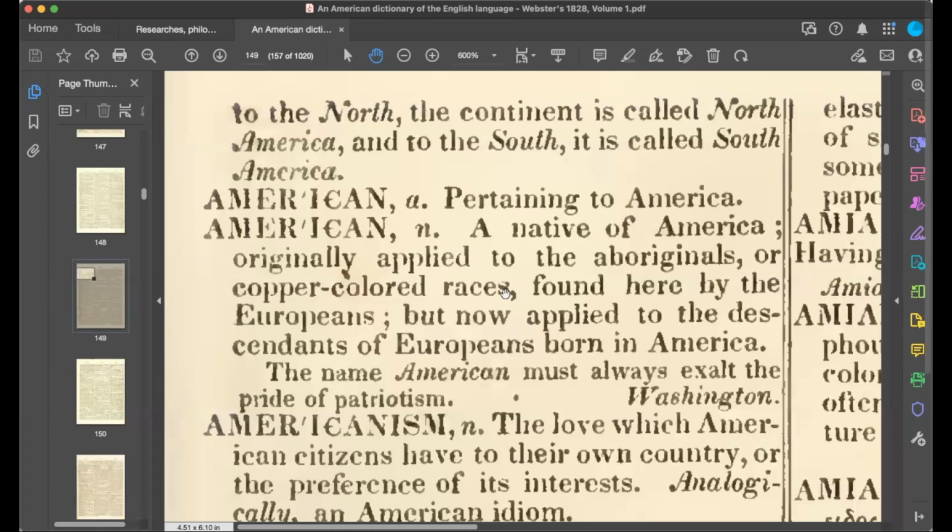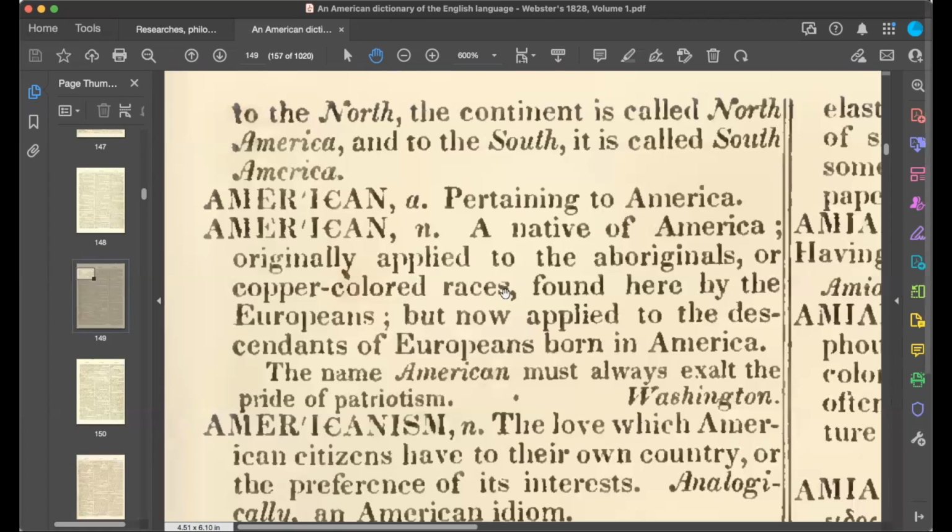American is applied to the aboriginals or copper-colored races found here by the Europeans, but now applied to the descendants of Europeans born in America. So now it's applied to the descendants of Europeans only, huh? They want to try to classify other people as so-called Native American and try to exclude you from being indigenous or so-called aboriginal to the land when you are copper-colored.